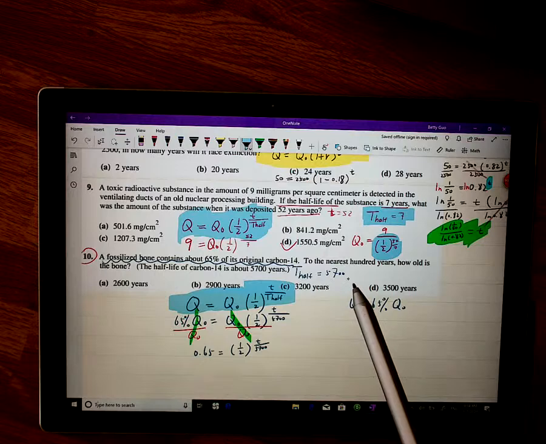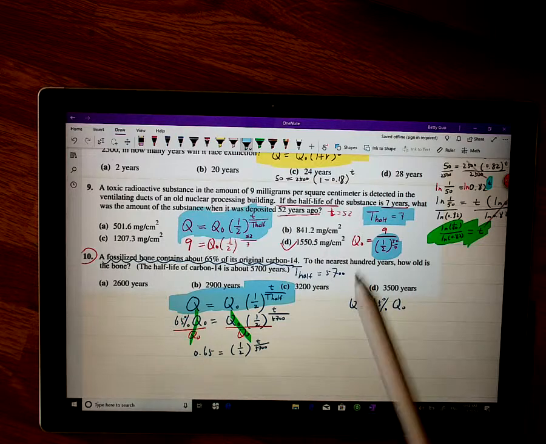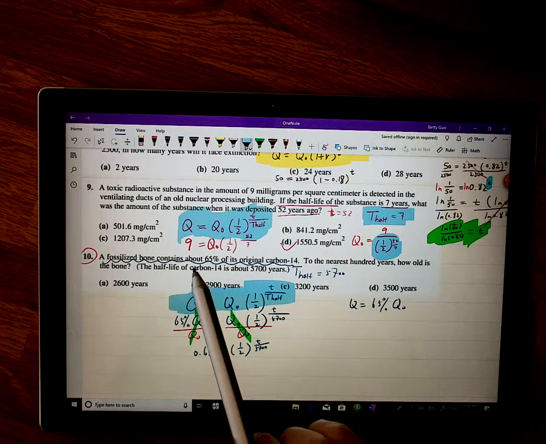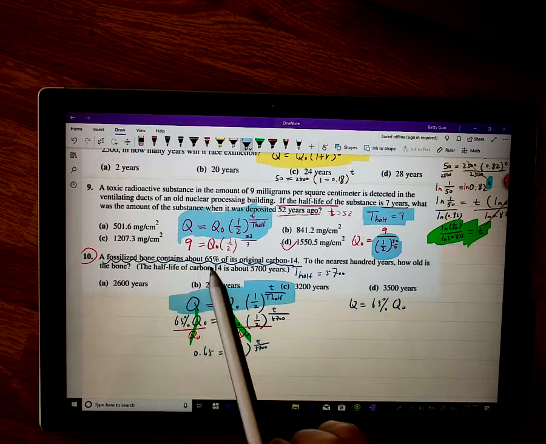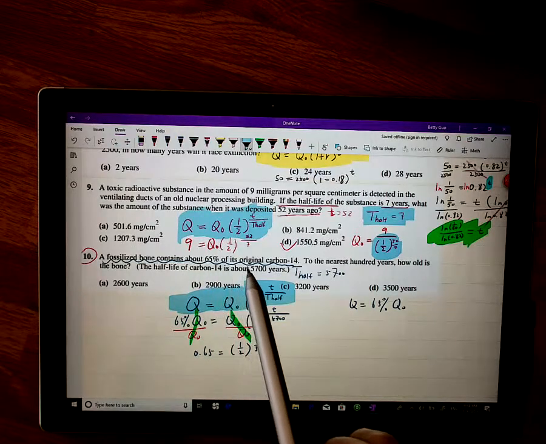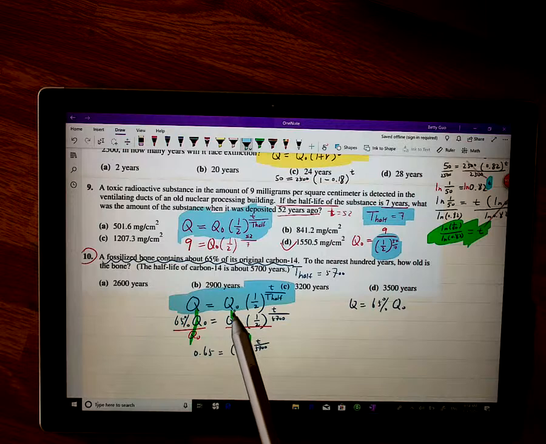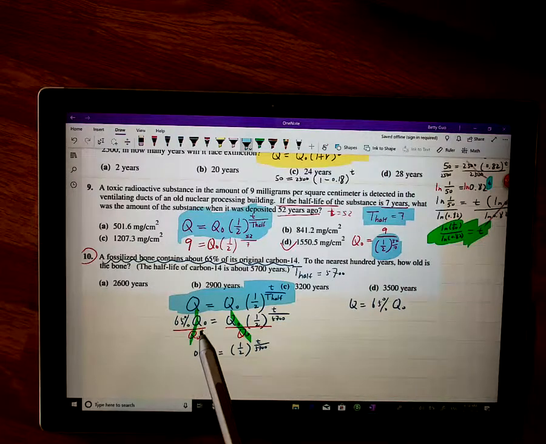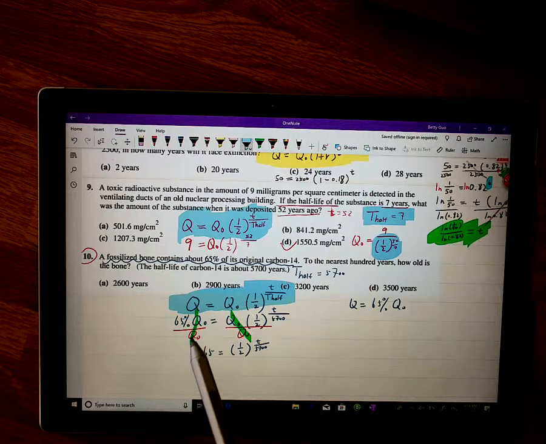And right now, the amount of the substance is 65% of the original. So if the original is Q sub 0, then right now, the amount of substance would be 65% of Q sub 0. So here might be a little bit tricky.